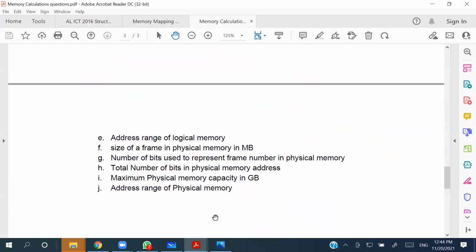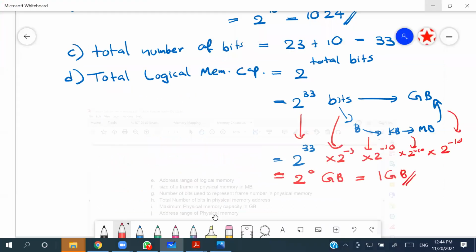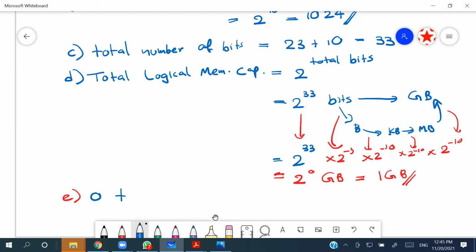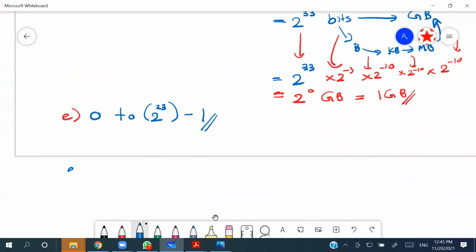So the address range of logical memory, so it's easy. It is from 0 to 2 to the power 33 minus 1. Right?